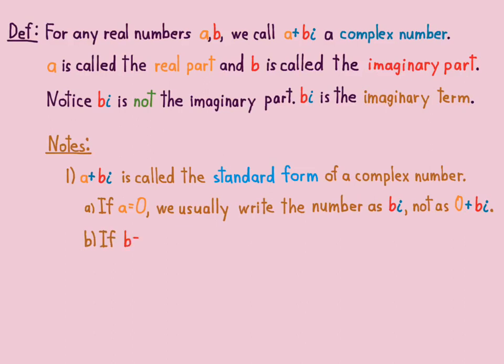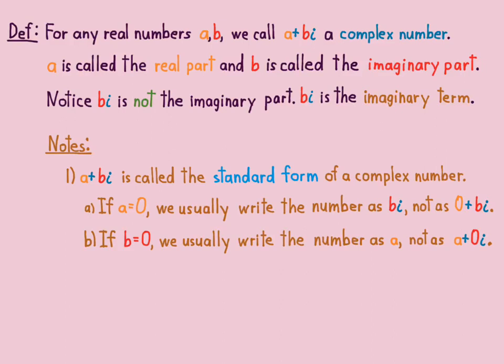Similarly, if b is 0, we usually just write the complex number as a, not as a plus 0i. So we would consider standard form just a in that case when b is 0, rather than writing the plus 0i. These are just conventions.